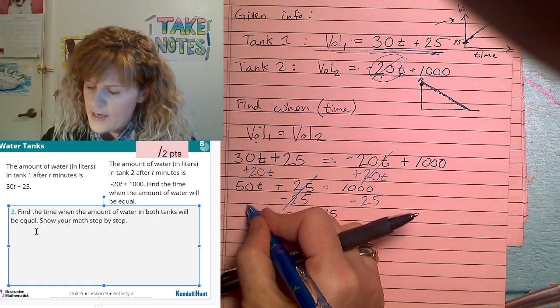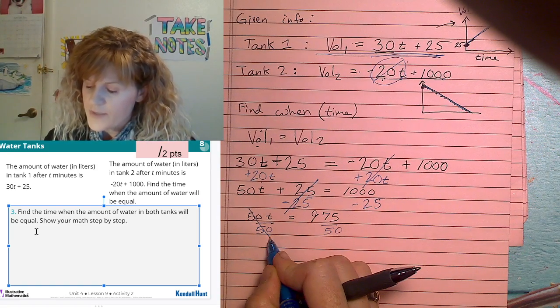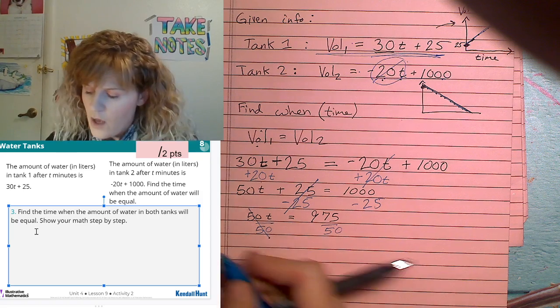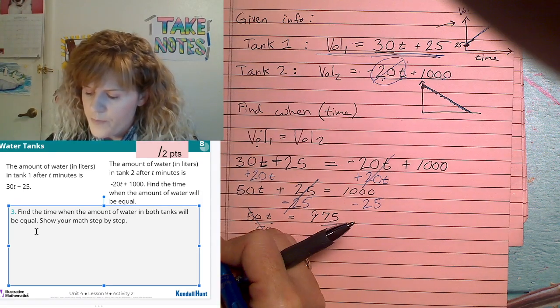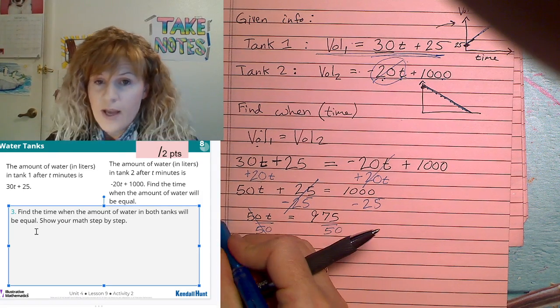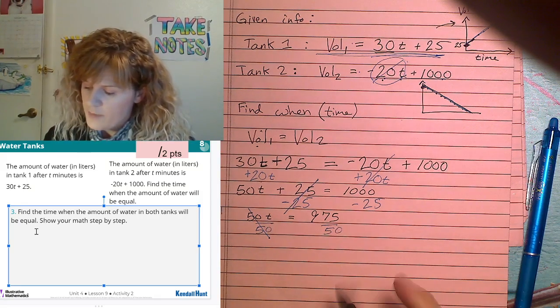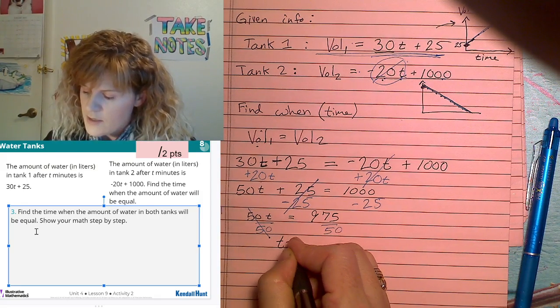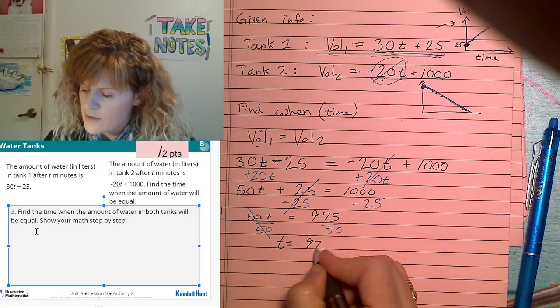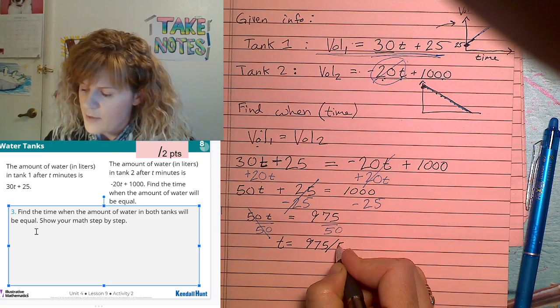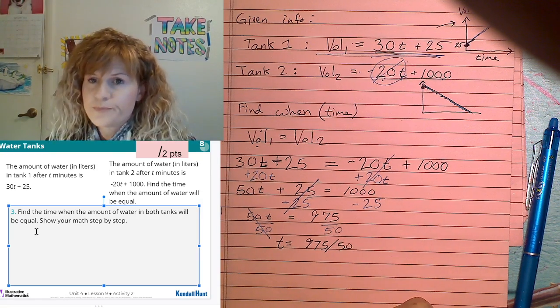When I do that, I get 50 divided by 50 equals 1. Always remember that any number divided by itself always equals 1. So I'm left with t equals 975 divided by 50.